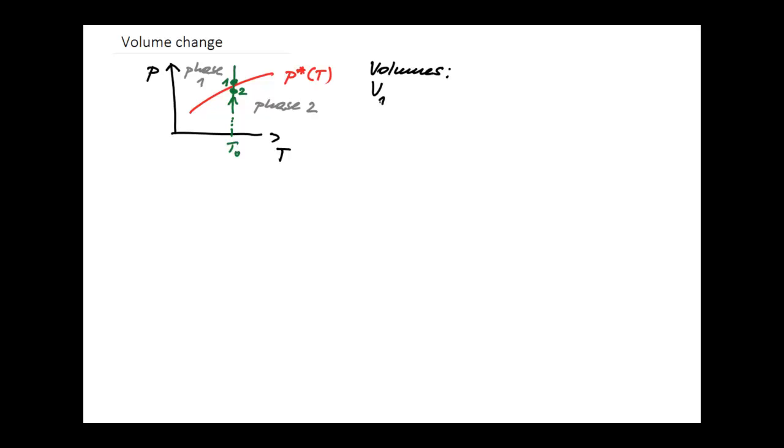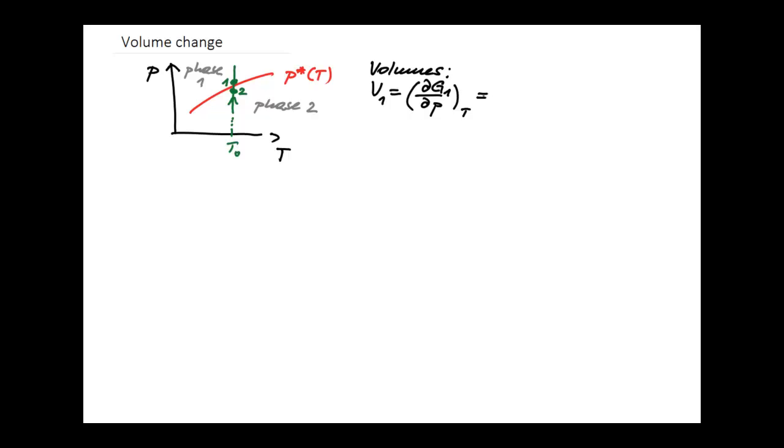The volume at point 1: volume is the variable conjugate to pressure. So we have to take the partial derivative of the free enthalpy with respect to pressure. And this time it's a positive sign. So this is the partial of G1, the free enthalpy function describing phase 1, with respect to pressure at constant temperature.